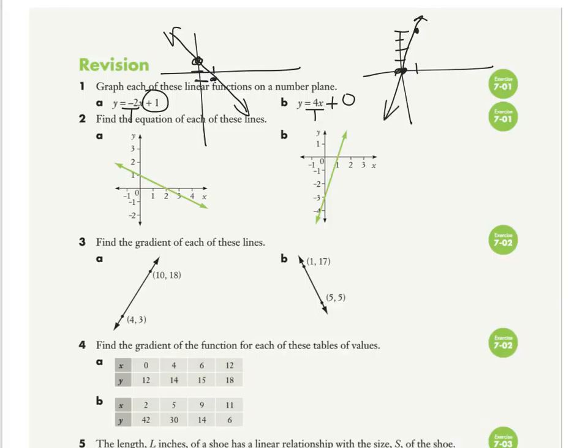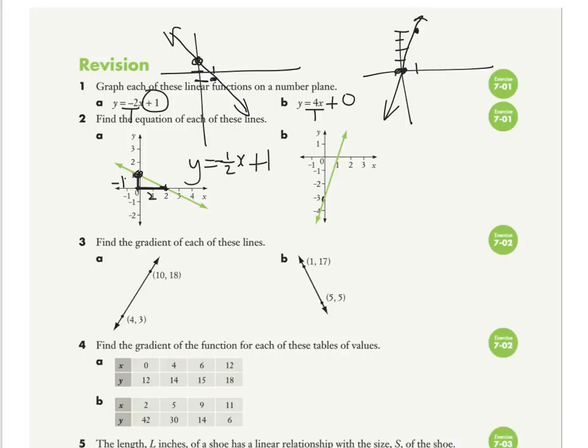Now the equation of these lines, y equals mx plus b, we have a gradient of positive 1, so y equals mx plus b, so plus 1 at the end. Now our gradient, to get from this point to this point, we fall 1 and run 2, so we get negative a half x.